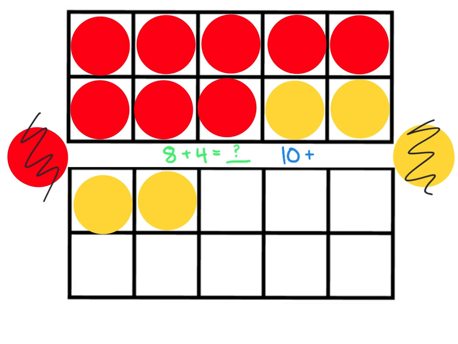The yellow down below. 2. 10 plus 2 equals 12. So now I know that 8 plus 4 equals 12. Because it's the same amount, we just moved them around.